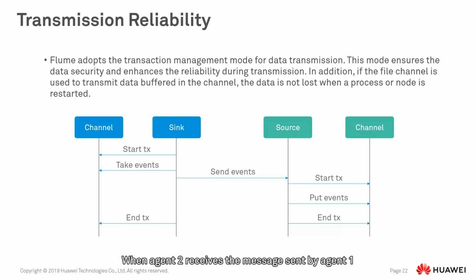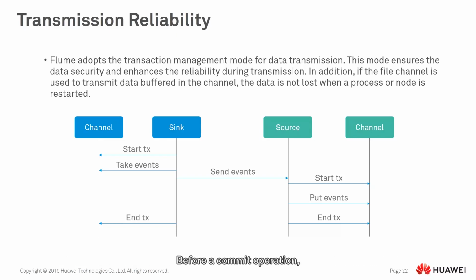When agent 2 receives the message sent by agent 1 and starts a new transaction, after the data is processed successfully, which means written to a channel successfully, agent 2 submits the transaction and sends a success response to agent 1.